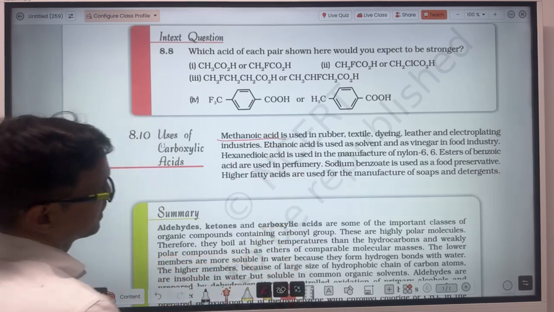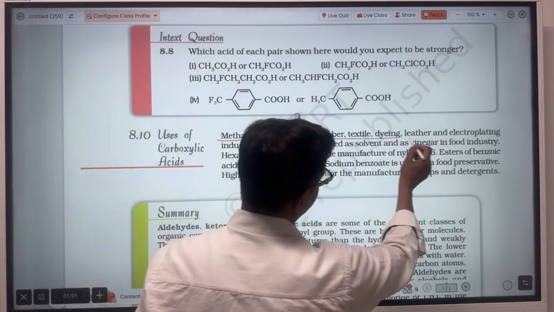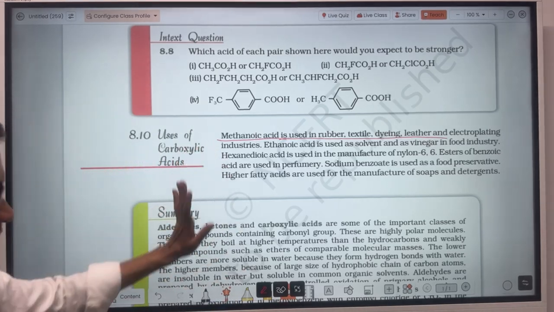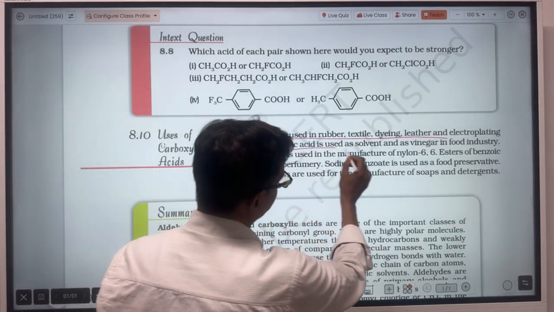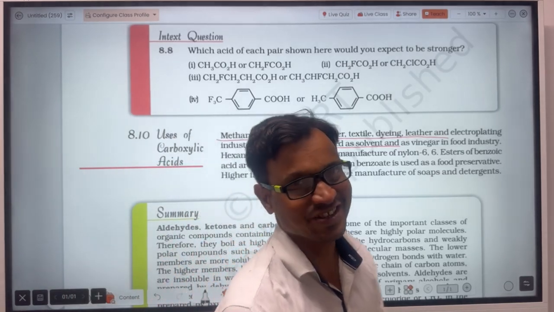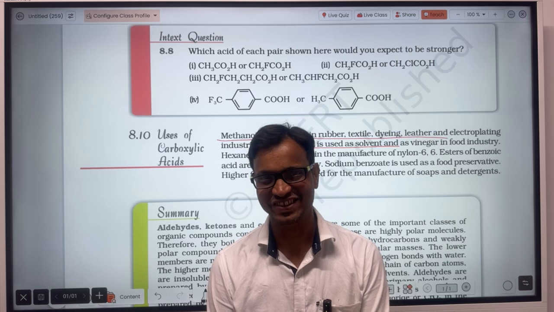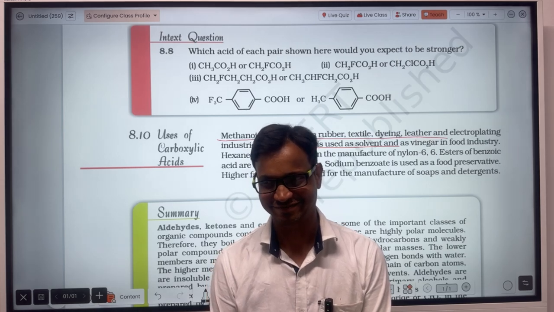Methanoic acid use, very easy, you know methanoic acid: rubber, textile, and the dyeing, leather and electroplating. Ethanoic acid, you know that is used as vinegar in food industry. In the chow mein, which you add for the sour taste, that is actually the vinegar.